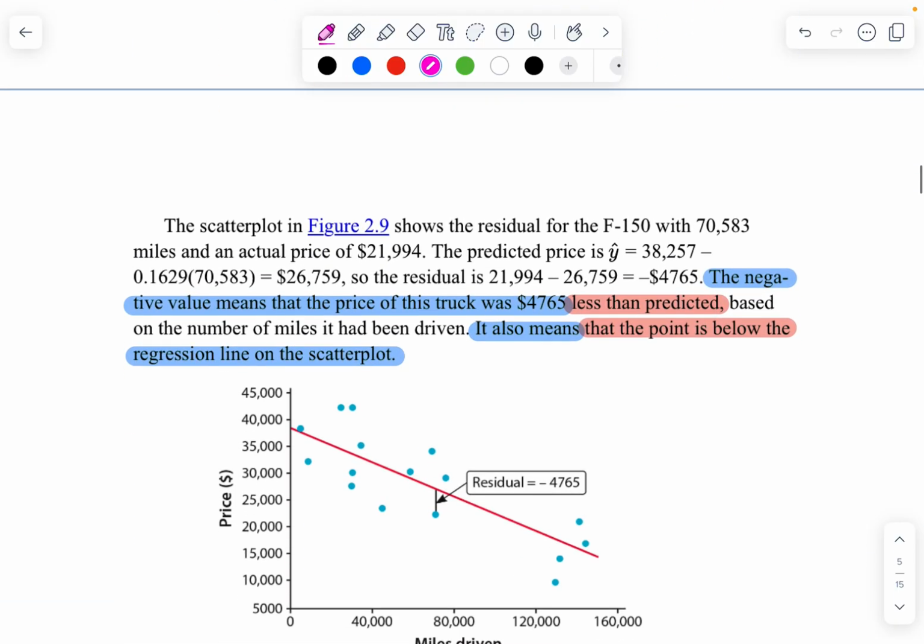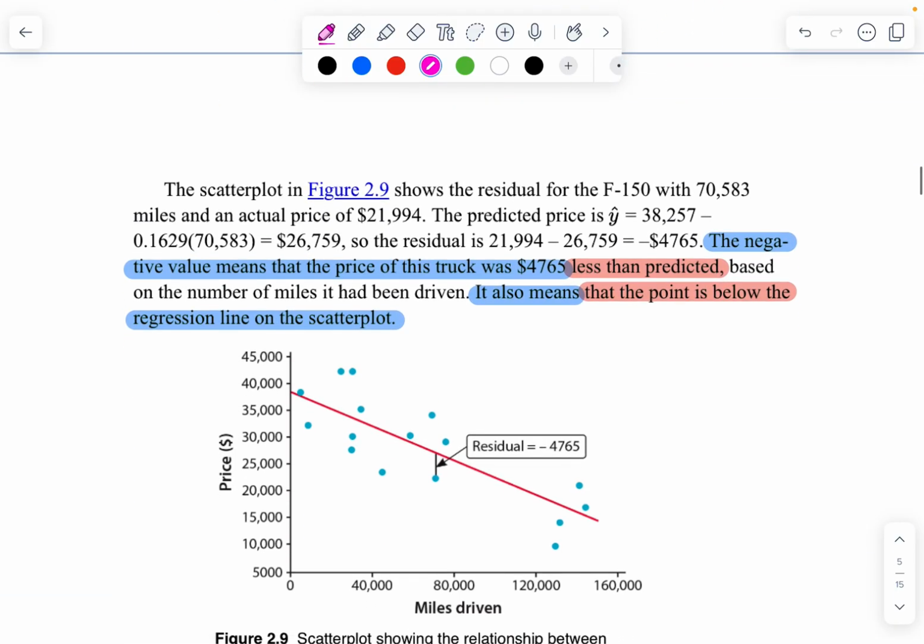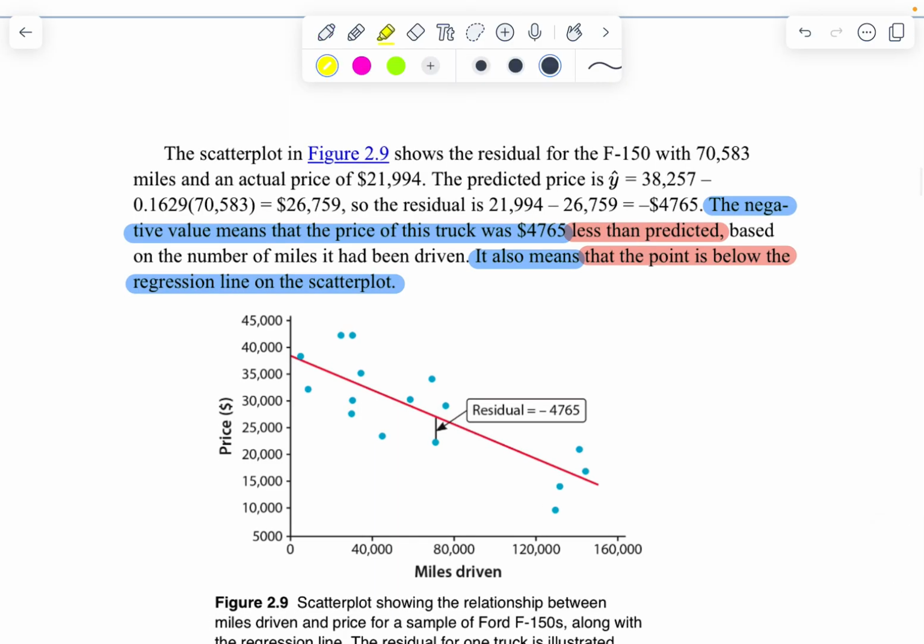So again, if we go back to the Ford F-150 truck, let's say instead of the two examples we've used so far, this truck has 70,583 miles on it. When we did our research, there was an actual truck that had 70,583 miles, and the individual who sold it actually sold it for $21,994.